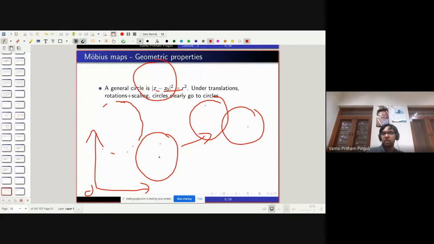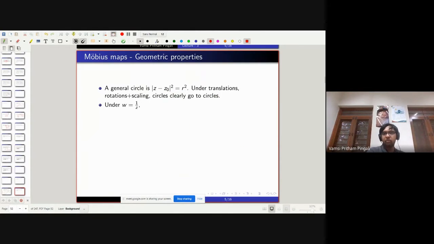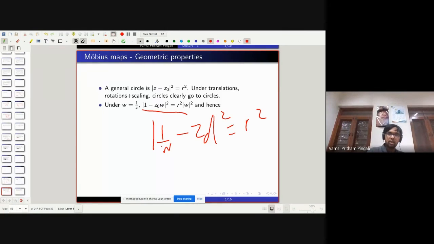Okay. The real question is, what happens when w equals 1 by z? So when w equals 1 by z, what happens? 1 by w minus z0, squared, equals r squared, which means you get this, right? So when you expand this out, by the way, the best way to expand these things out is this way, right?